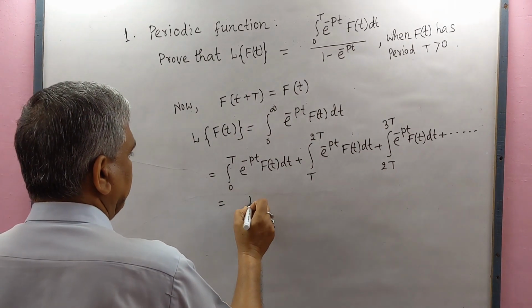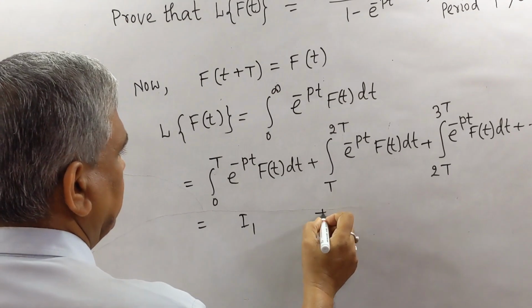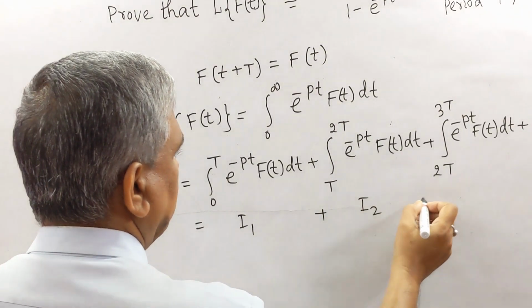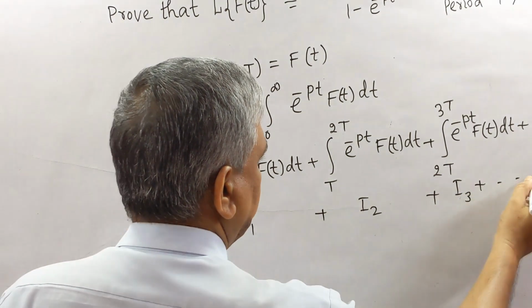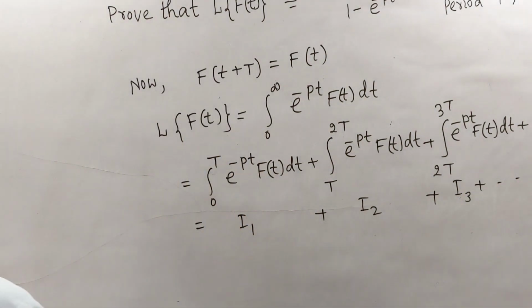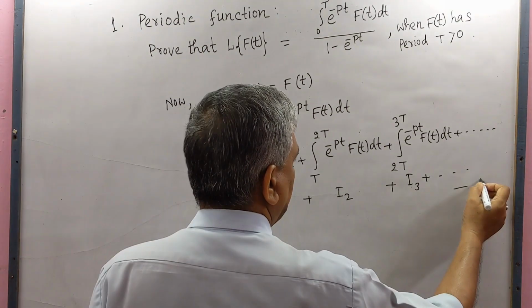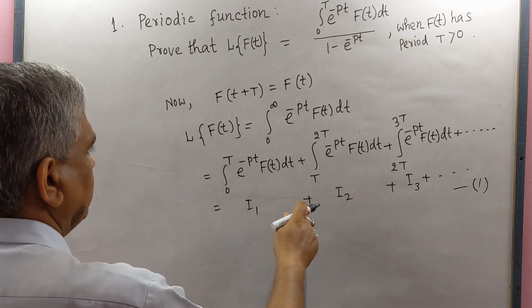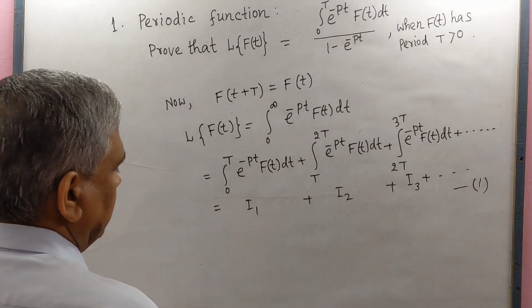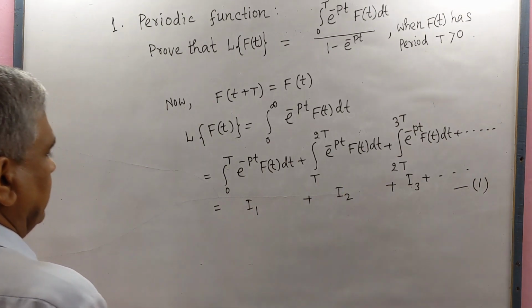Let this be I1, this is I2, this is I3, and plus dot dot dot. This is number 1. We solve I2, I3 sequentially.